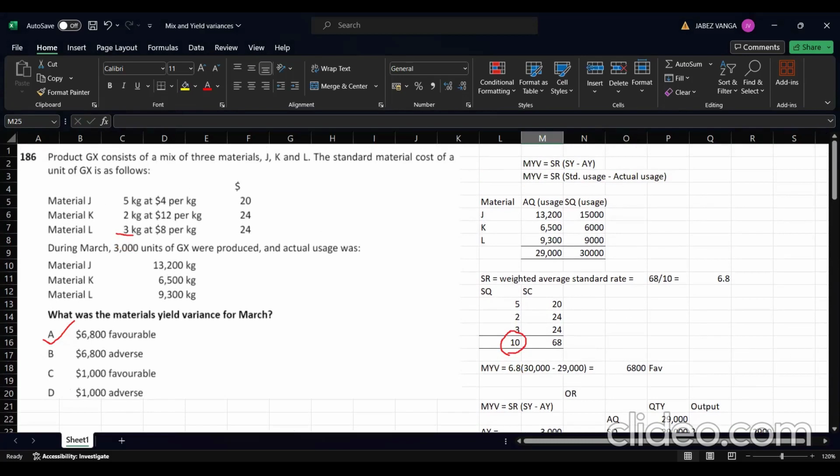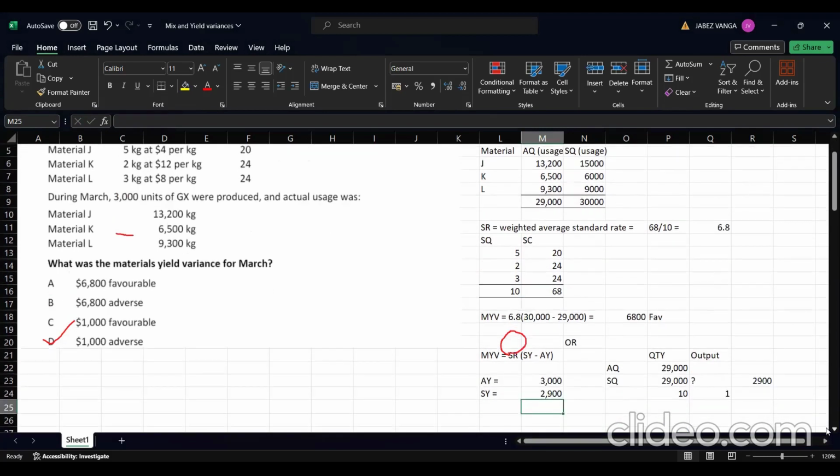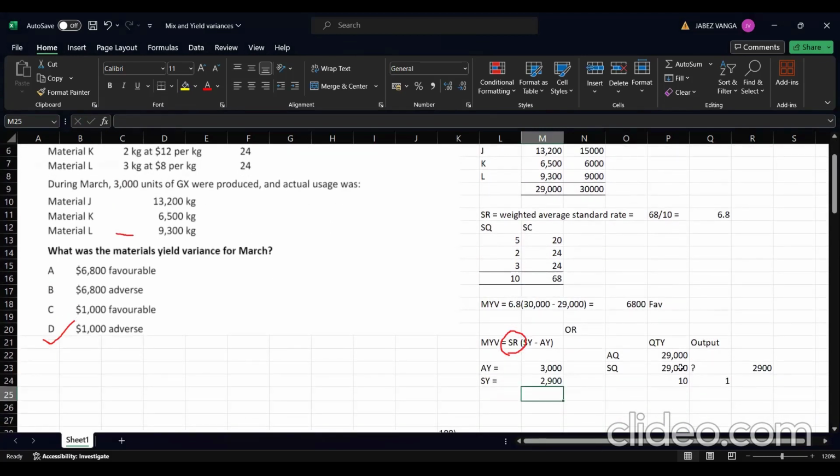If we take the same 29,000 kgs of input as the consumption of actual quantity, how much would be the output? That is what we have to calculate. To make 1 unit of GX, 10 kgs of material is required. By using 29,000 kgs of input, the output would be 2,900 units.